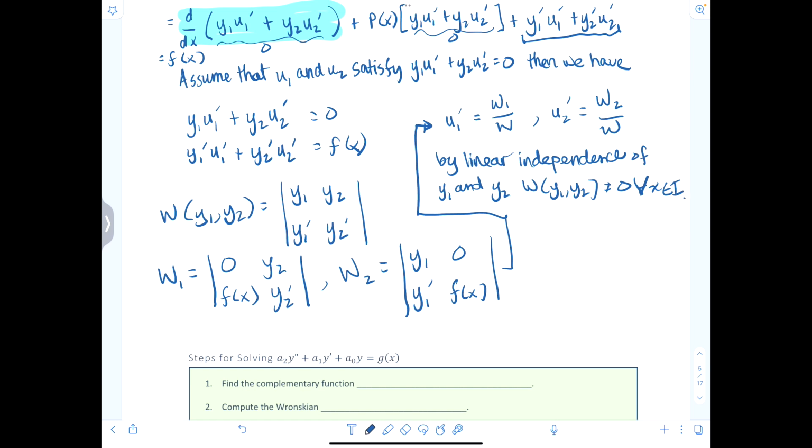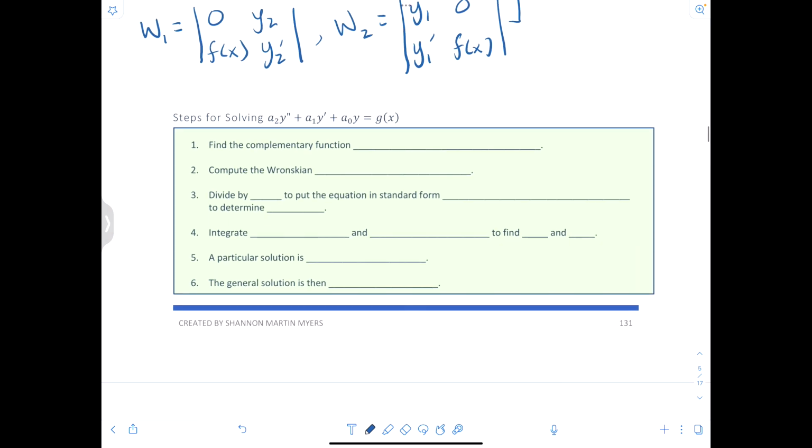Some math shorthand. All right, so steps for solving, right? We always like to have some steps. So find the complementary function yc equal to c1y1 plus c2y2.